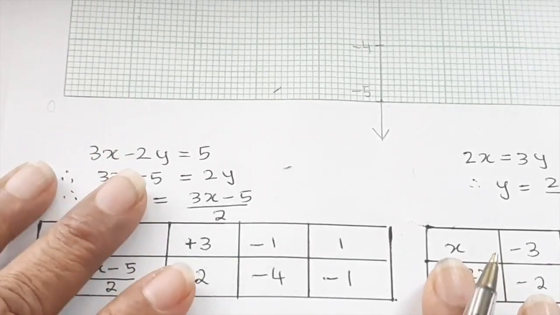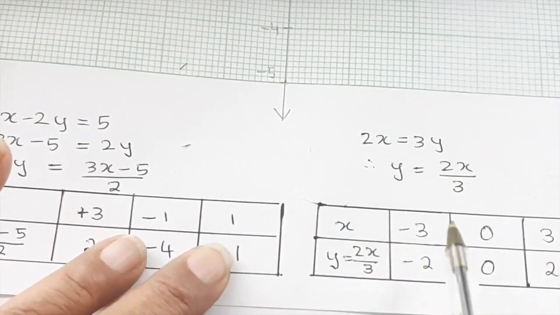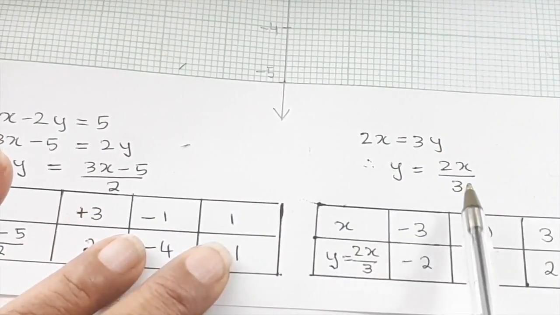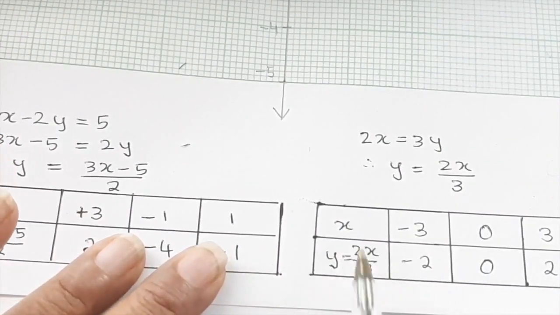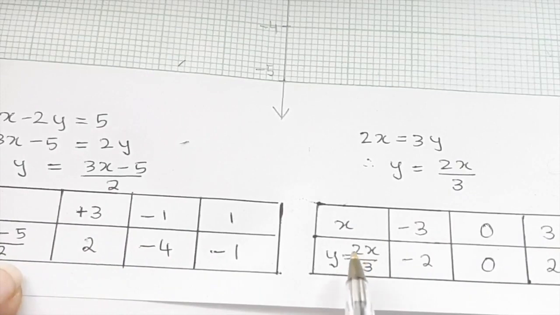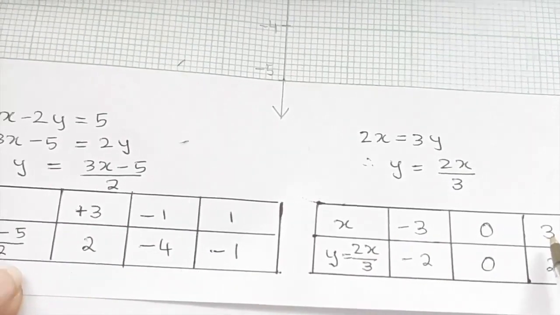Our second equation is 2x is equal to 3y. So y is equal to 2x upon 3. So we make the columns here x and y equal to 2x upon 3. And here again I am going to take 3 values of x, minus 3, 0 and 3.